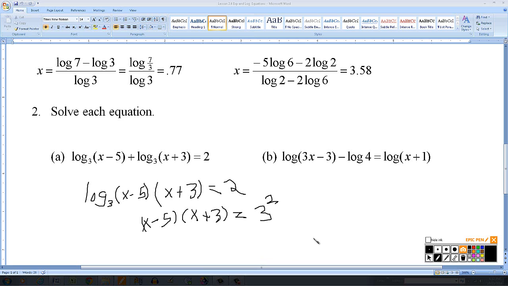Okay, but then this is going to be a quadratic equation. So multiply this out, this will give me x squared, and minus 5x, and a 3x is a minus 2x.